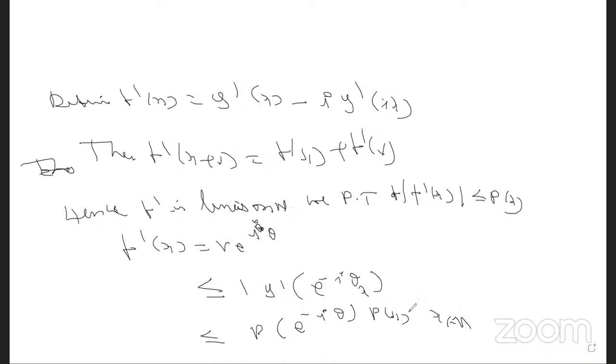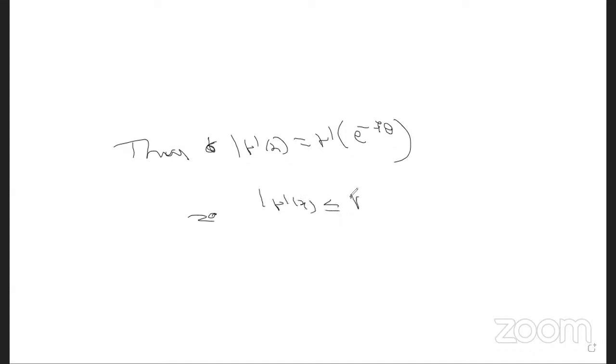So thus mod f dash x is less than or equal to p of x for all x belongs to N.